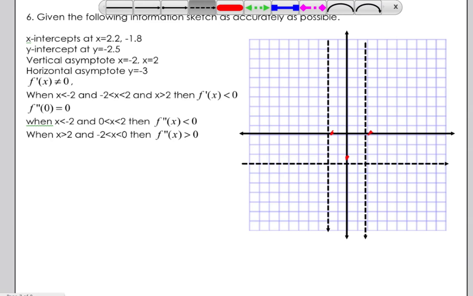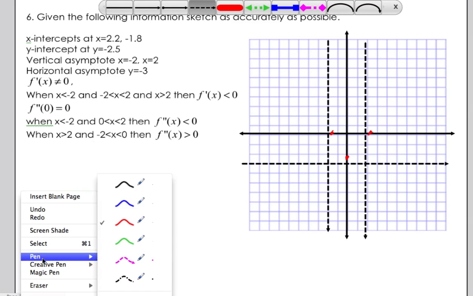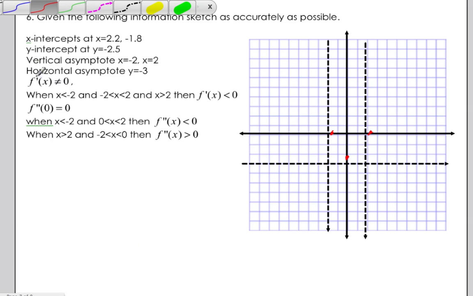Okay, so now all the basic stuff is taken care of. Now, next, the calculus part. F prime of x is not 0. That then implies that there is no max or min.